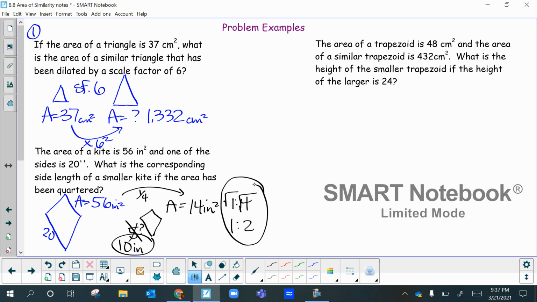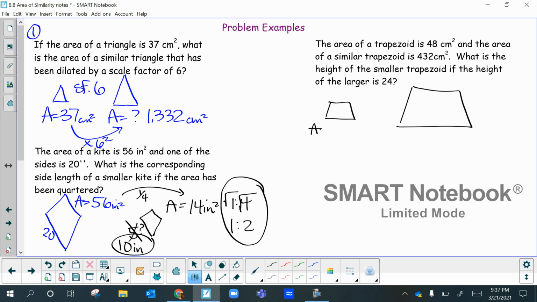The area of a trapezoid is 48 square centimeters, and the area of a similar trapezoid is 432 centimeters squared. What is the height of a smaller trapezoid if the height of the larger one is 24? All right, let's draw this out. So we've got a small trapezoid and a big trapezoid.